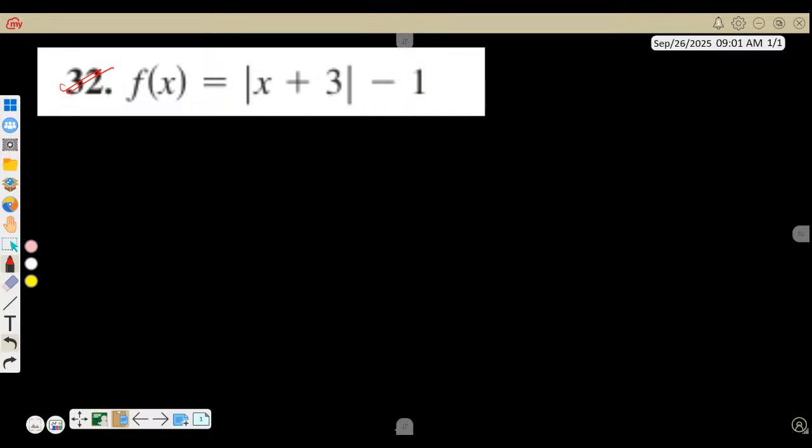You need help. This is not good because I already explained how to convert this into a piecewise function. So the piecewise function of this: it is positive when, putting 0, you have x equal to minus 3. So this is positive if and only if x is greater than or equal to minus 3, and this would be negative if x is less than minus 3.